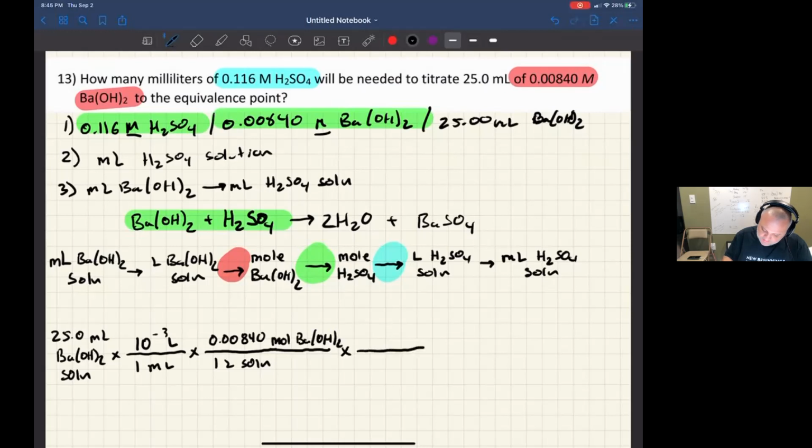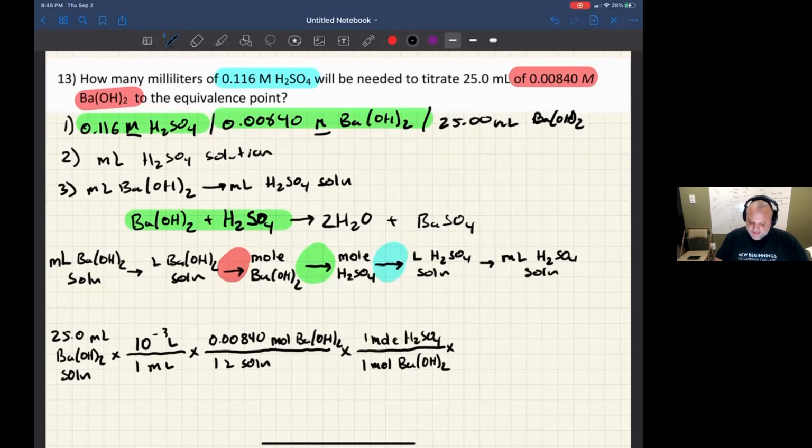Now comes the balanced chemical equation. For the balanced chemical equation, I see that 1 mole of barium hydroxide requires 1 mole of H2SO4 for the titration.